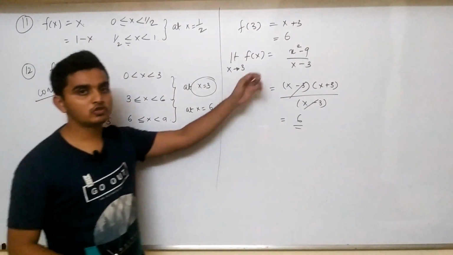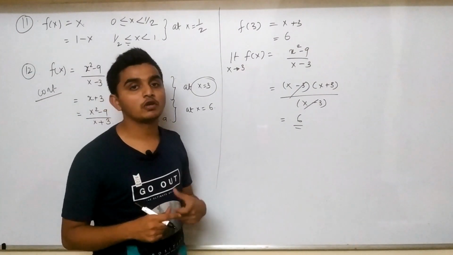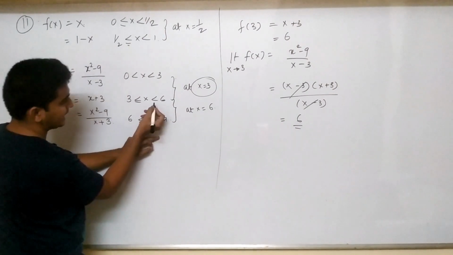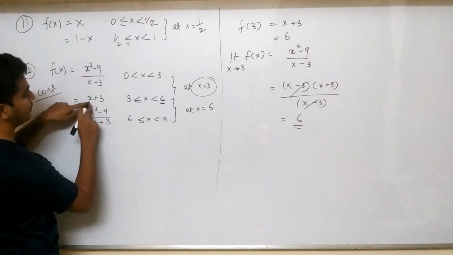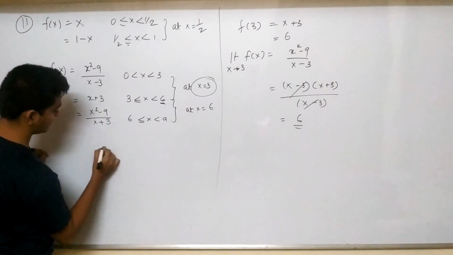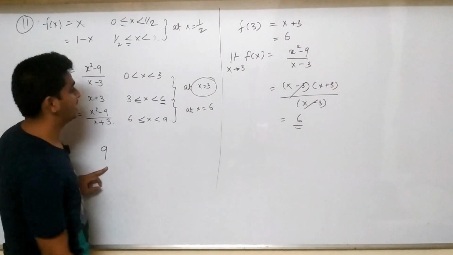Now we will solve the second part of this question orally. At x tending towards 6, what will be the value of this function? It will be 6 plus 3, which is 9. Now we will look at whether that is equal to the right hand side.